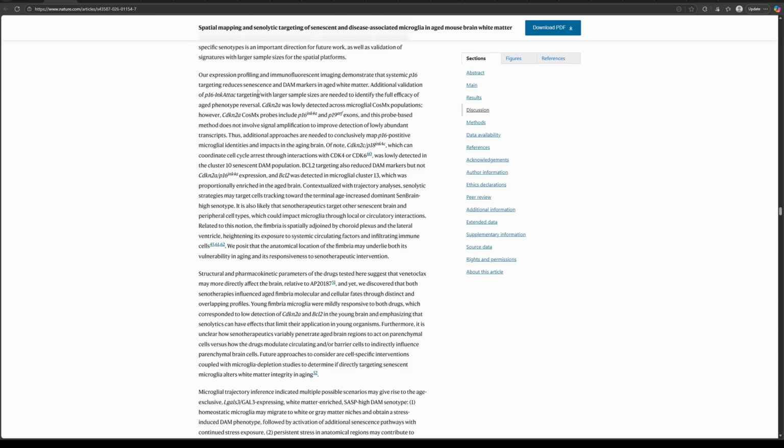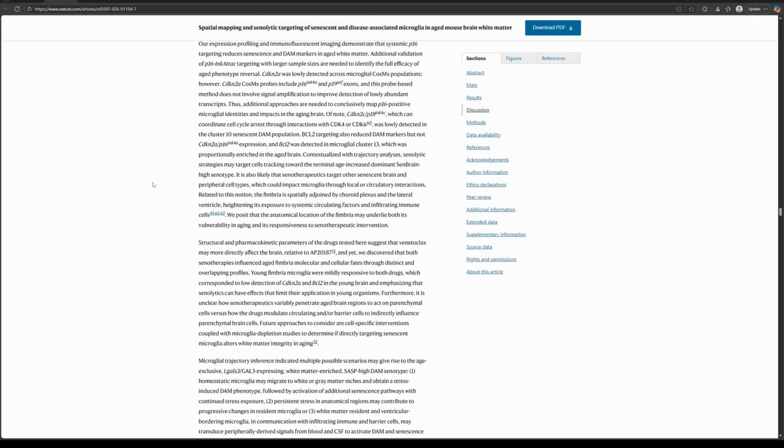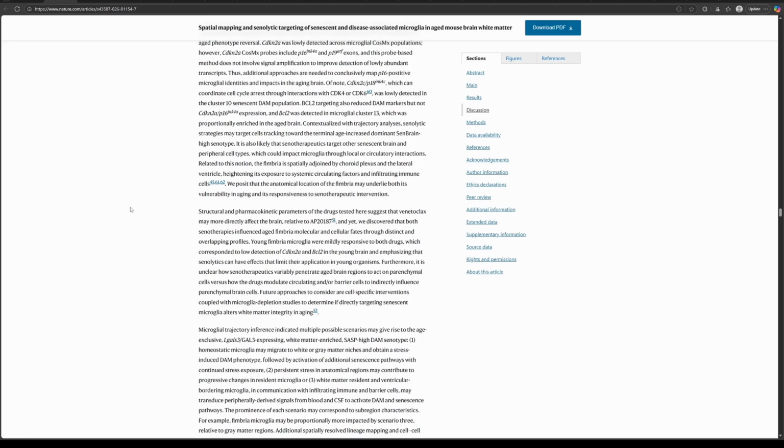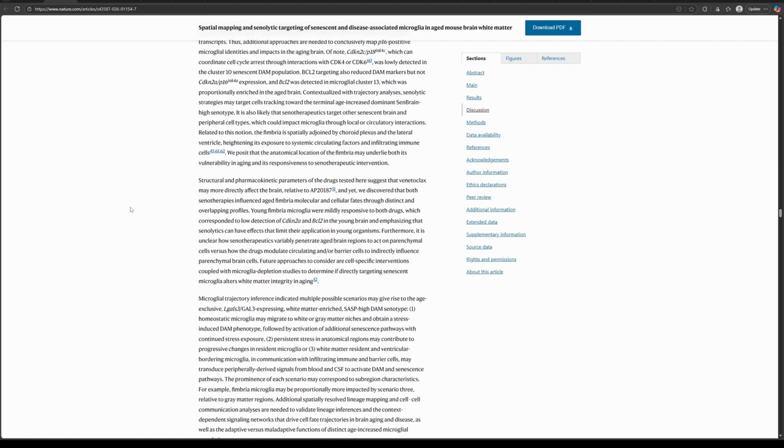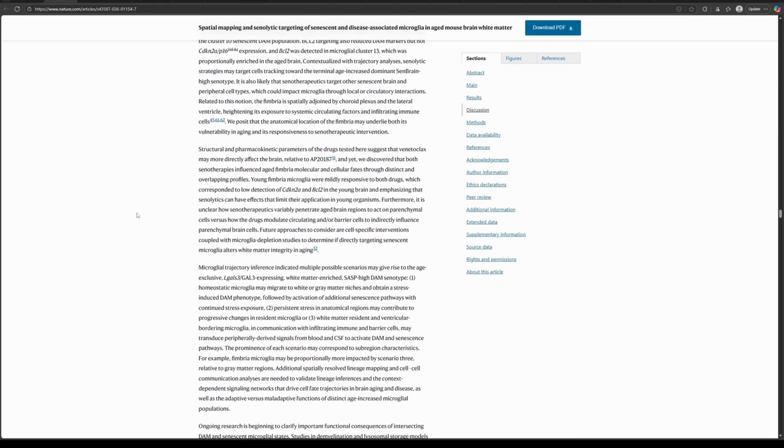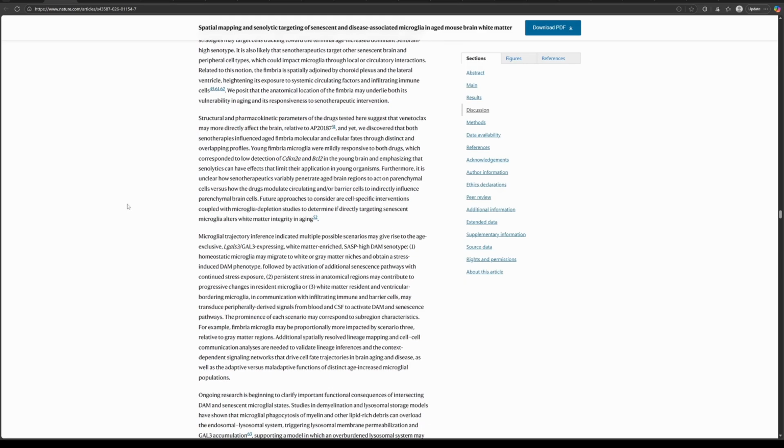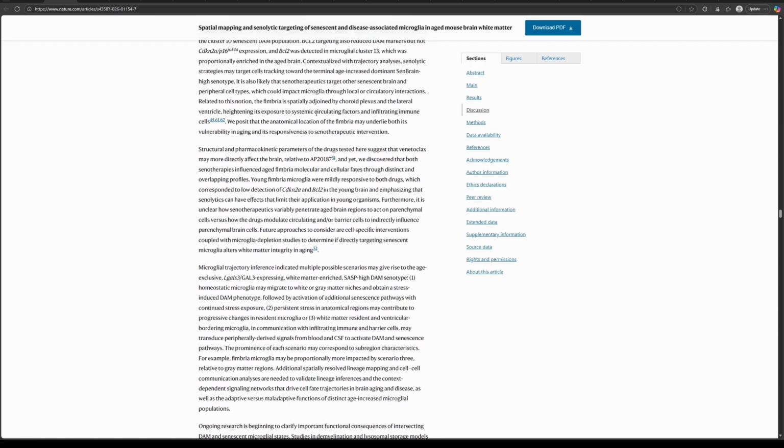Targeting of P16 reduces senescence and DAM markers in aged white matter. Interesting. Oh, interesting.